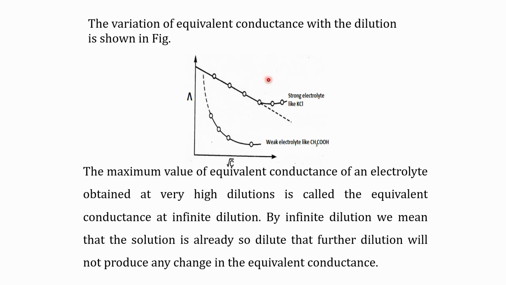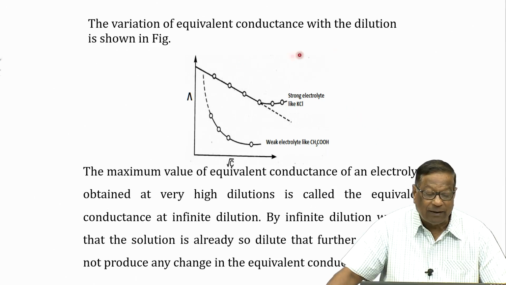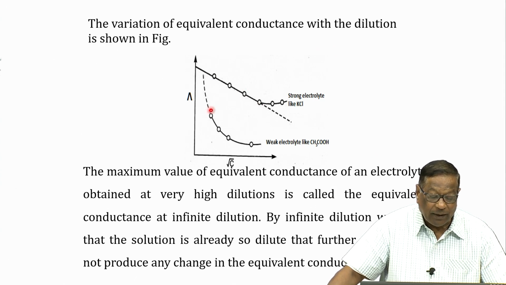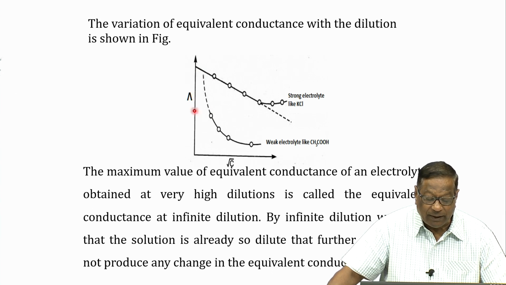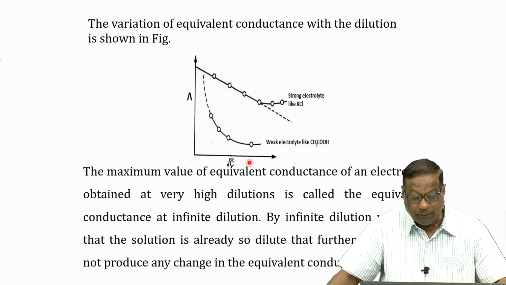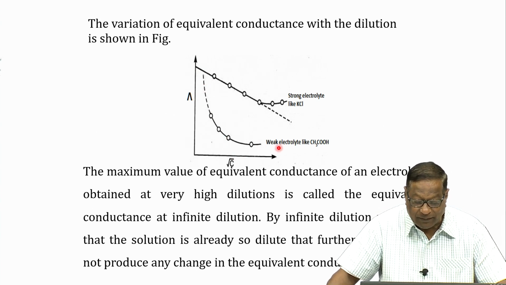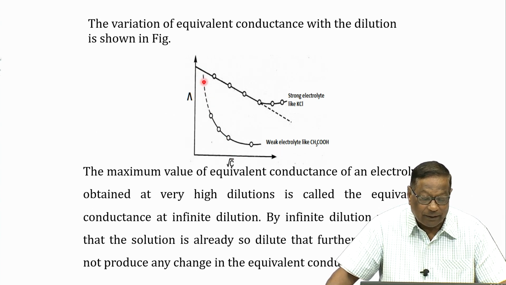The variation of the equivalent conductance with dilution is shown in this figure. You can see this is the conductance, this is the concentration. If I have a weak electrolyte like acetic acid, the equivalent conductance will keep on coming down.